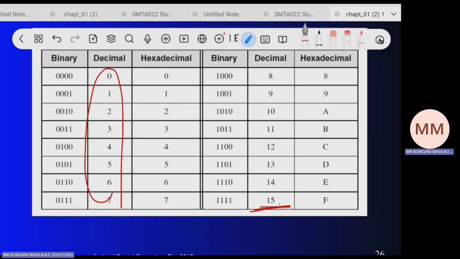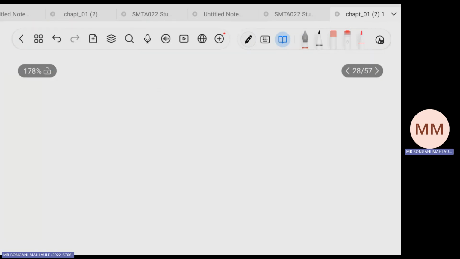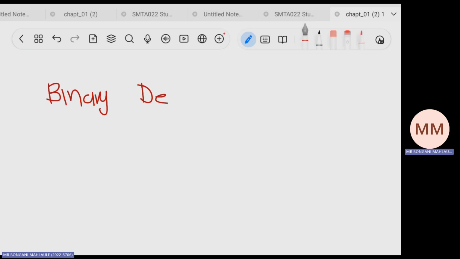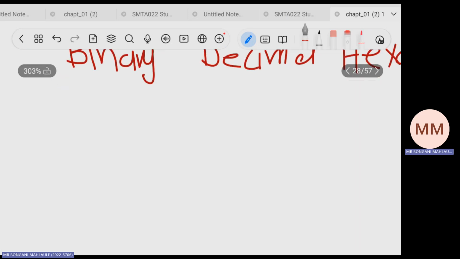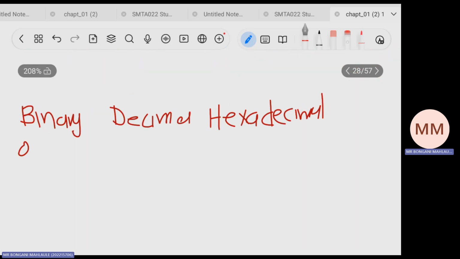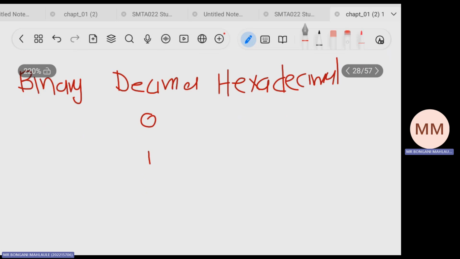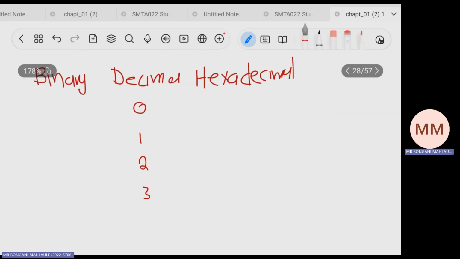I'm going to sketch this quickly and then we can look at how to actually convert. So we have the binary, we have the decimal, and we also have the hexadecimal. So we have 0, 1, 2.